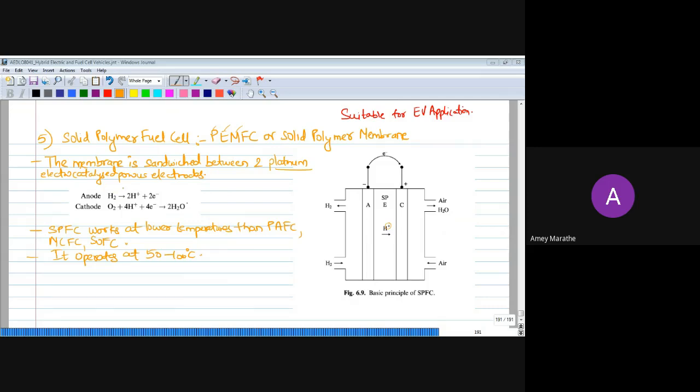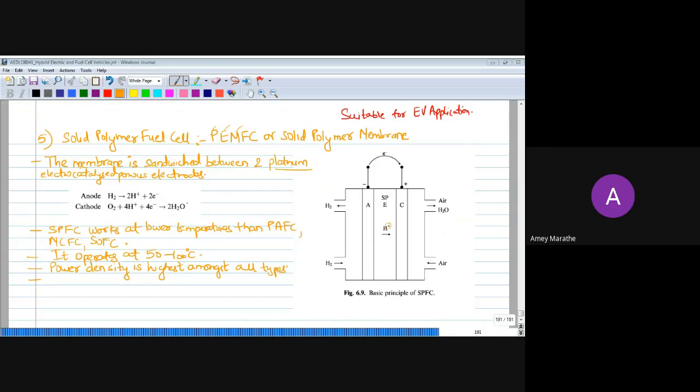Now, if you see the advantages of this polymer electrolyte membrane fuel cell, why it is favorable for EV application is because its power density is highest amongst all the types. What do you mean by power density is highest?